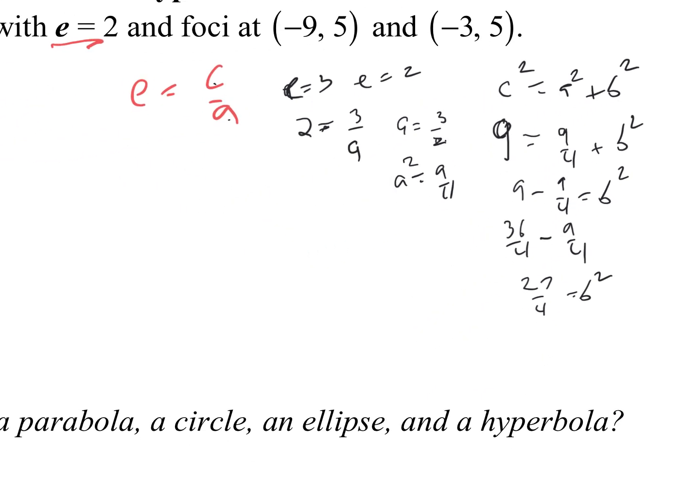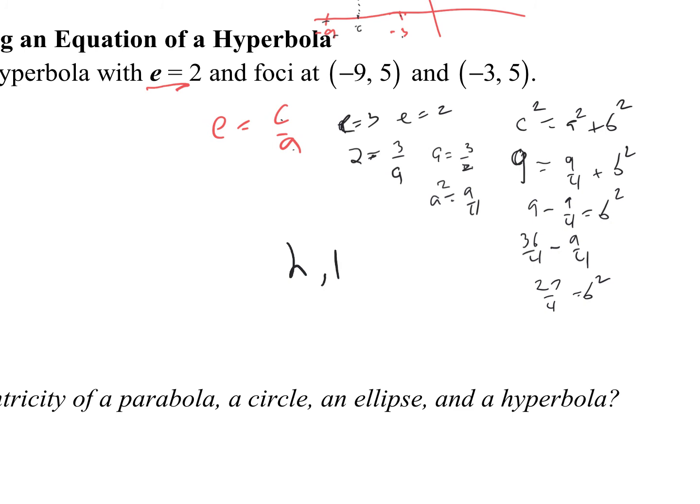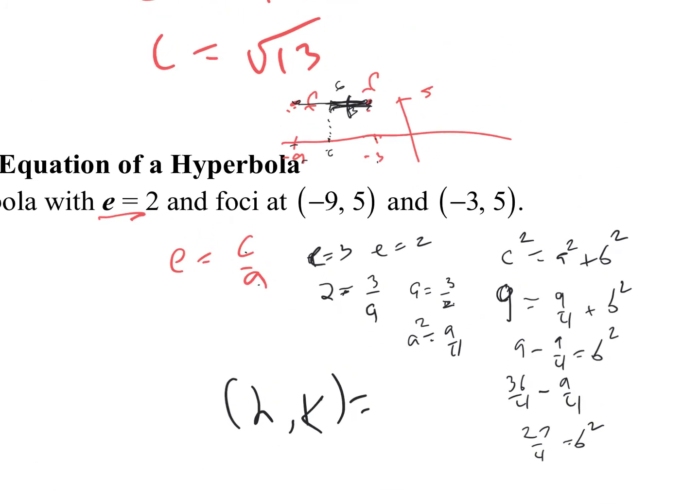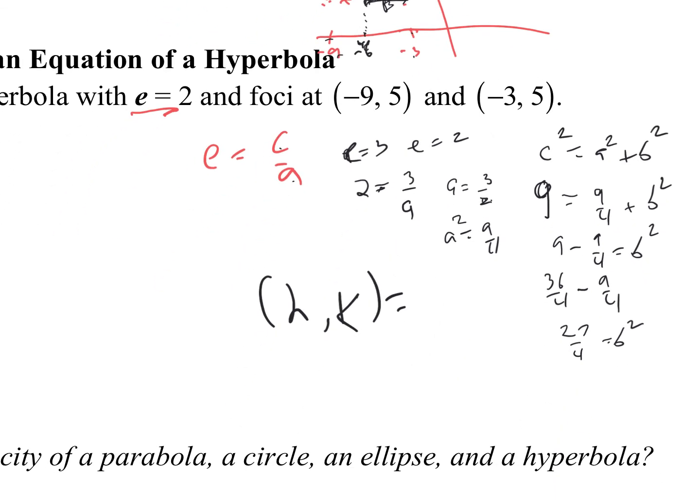So for the equation of my hyperbola, I need the center, I need h, k. I said it was -6. It'd be -6, 5. -6 is in the middle here, up 5. So h, k is -6, 5.